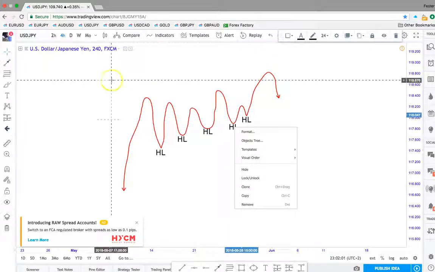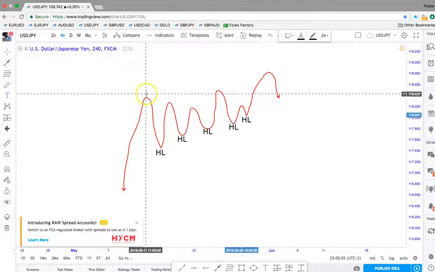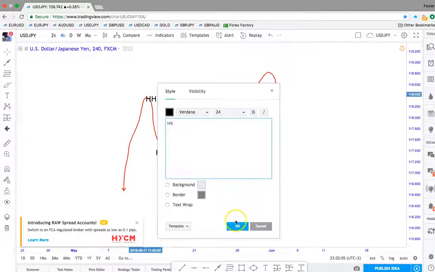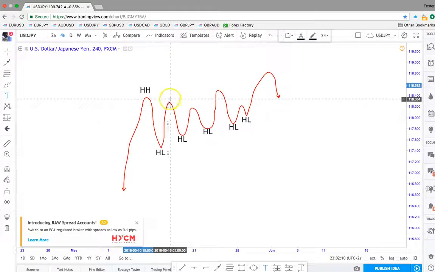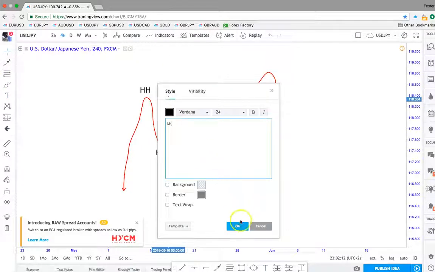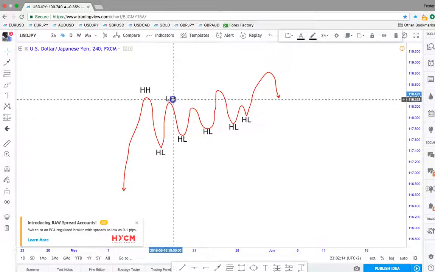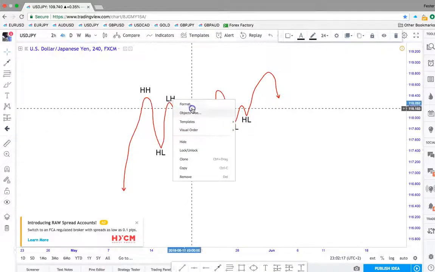And the top might confuse you because you see a high high, and then all of a sudden you see a low high, and then you think structure is broken.